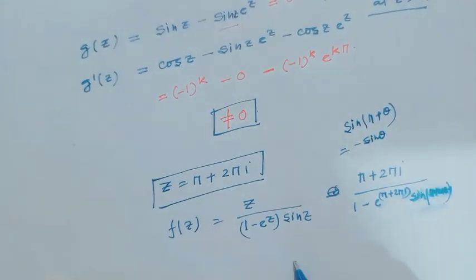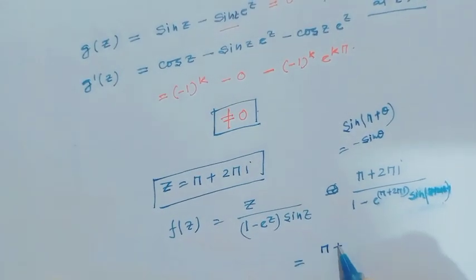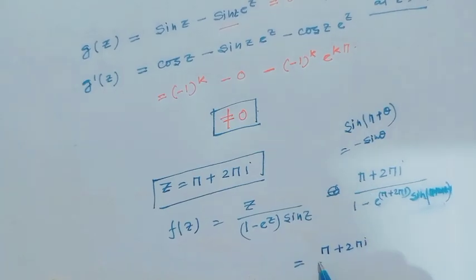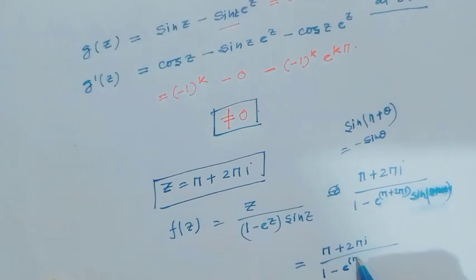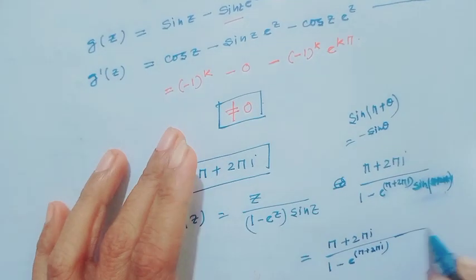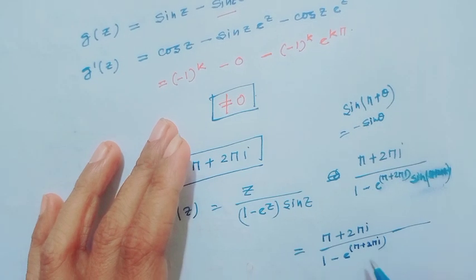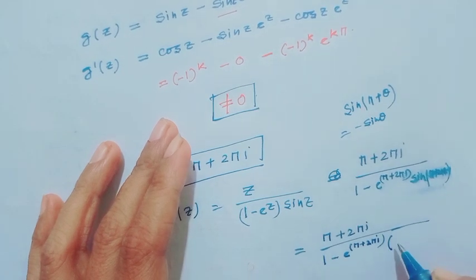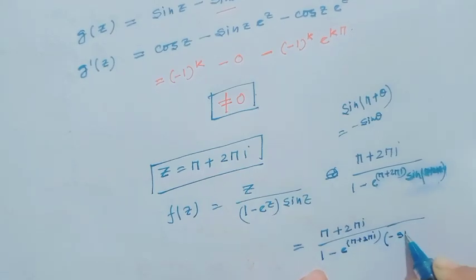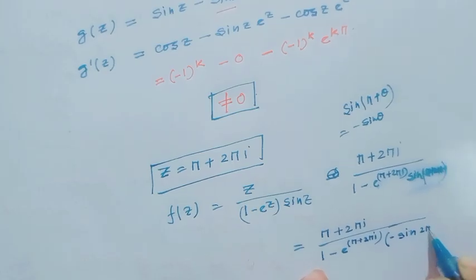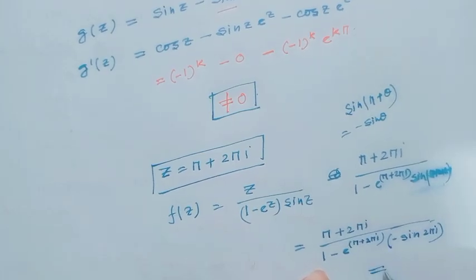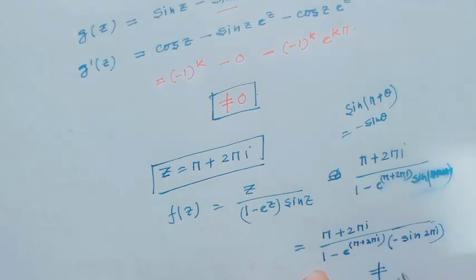That means minus sin 2 pi i, and this is not equal to 0.